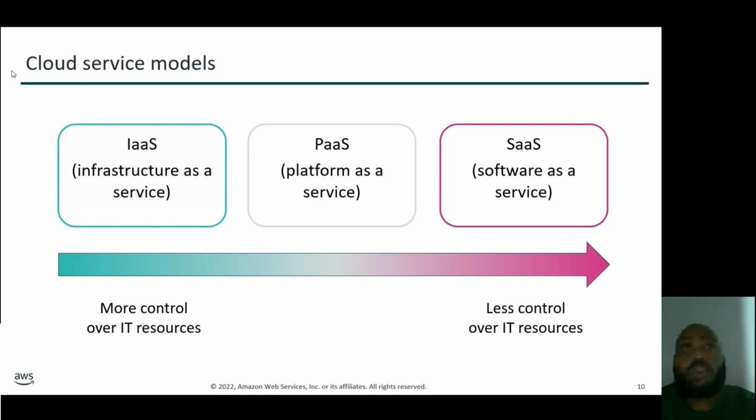Now, to understand why we would need something like this and how it helps in the real world: once you want to build a solution, you have some kind of problem and you want to build a solution to it, and that solution could be anything. Let's take Uber as an example. To build the Uber service, you would need infrastructure, and you would have to get it yourself, configure it yourself, build it yourself, buy it, and maintain it.